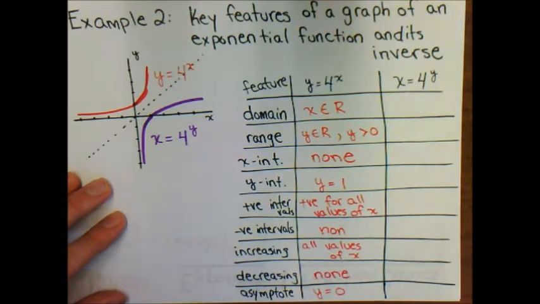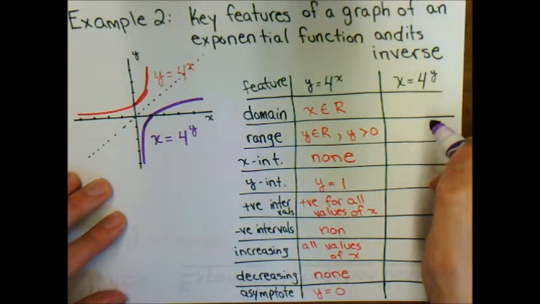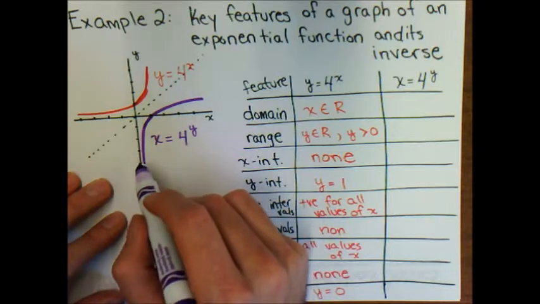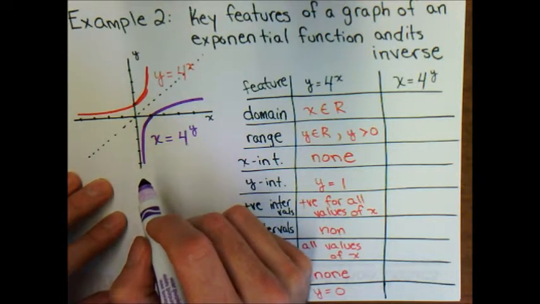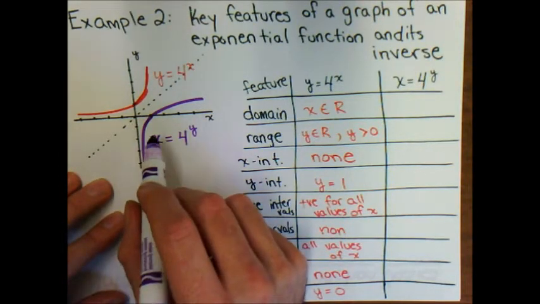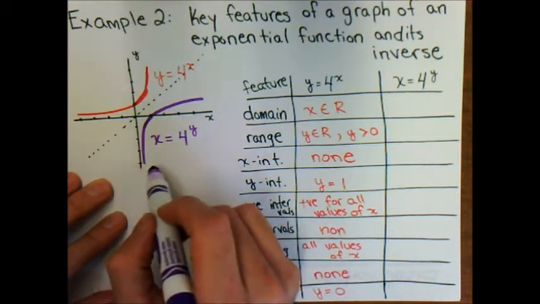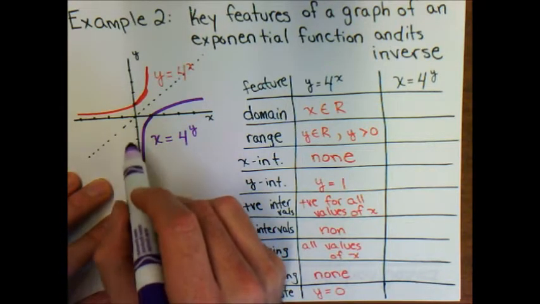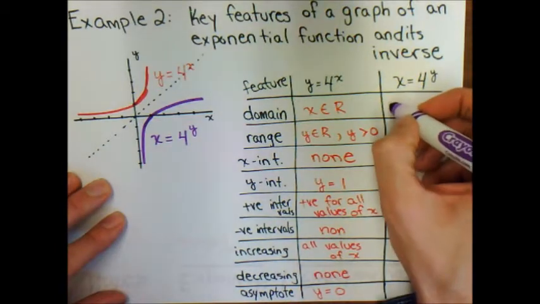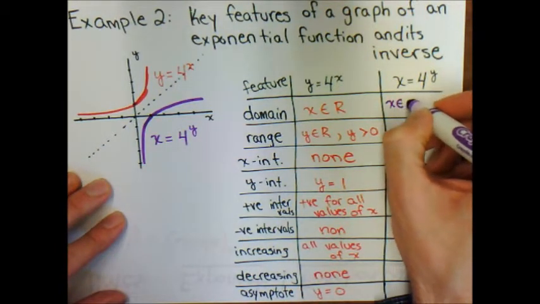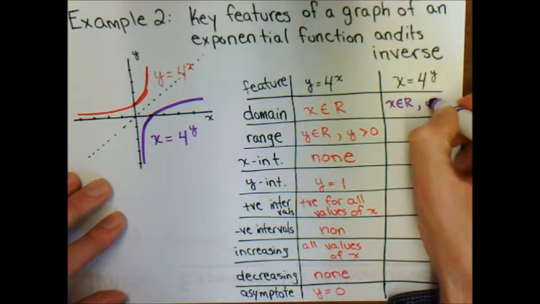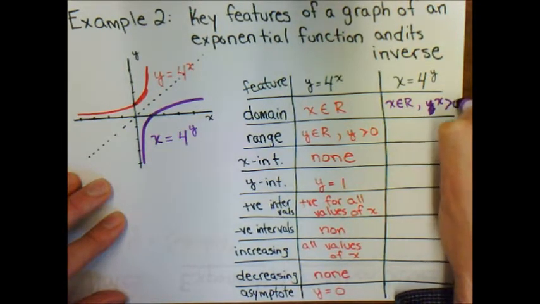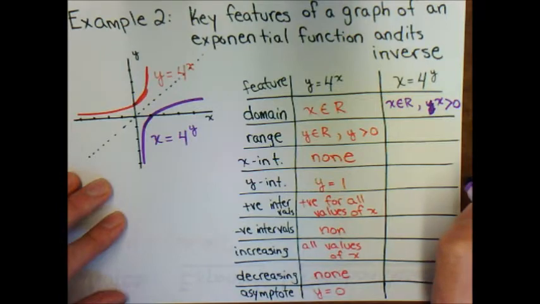Okay, switching over to our inverse function, x equals 4 to the power of y. Domain, again, there is no restriction on x except, what do we notice here? X is never negative. It never reaches 0. So here we have x element of the real numbers, and x is greater than 0.